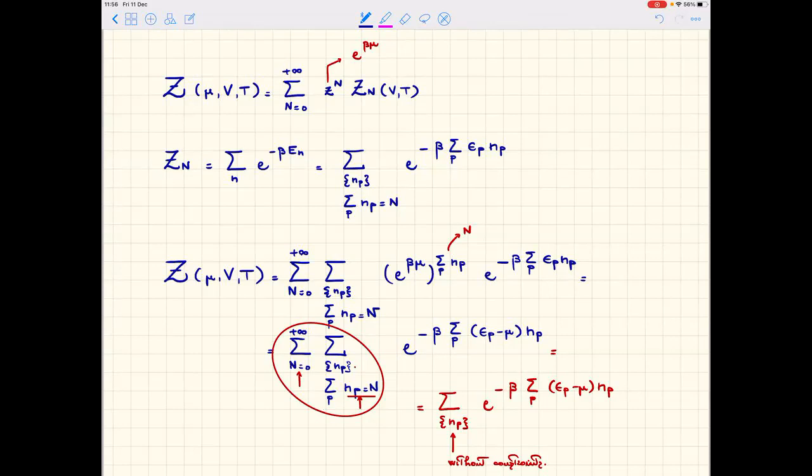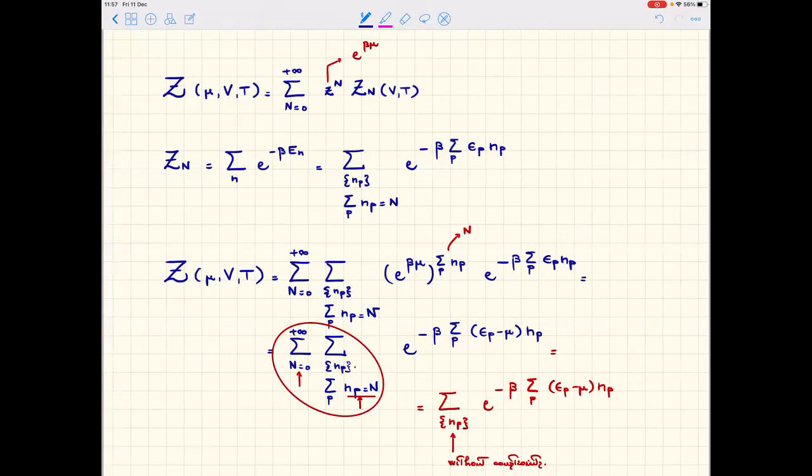Okay. All right. So then we can write the sum this way. Now, this can be written as the sum over all possible sequences n_p of the product over p of e to the minus beta (epsilon_p minus mu) n_p.